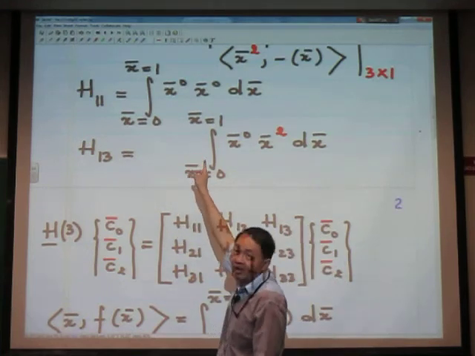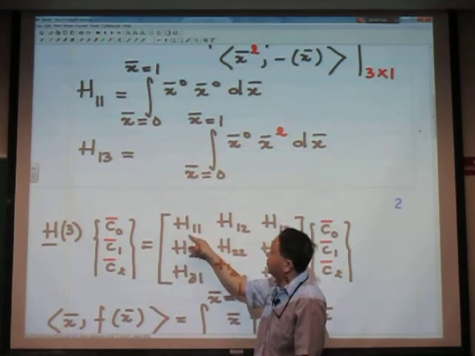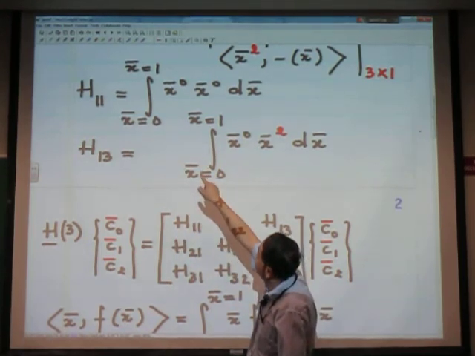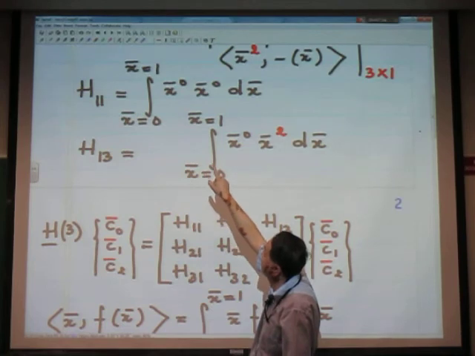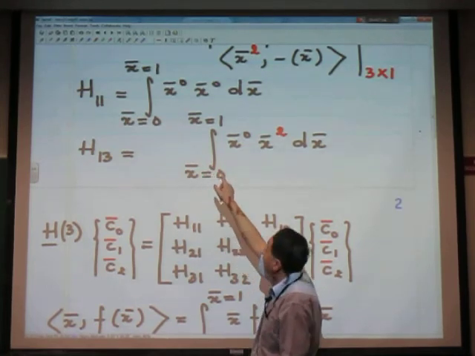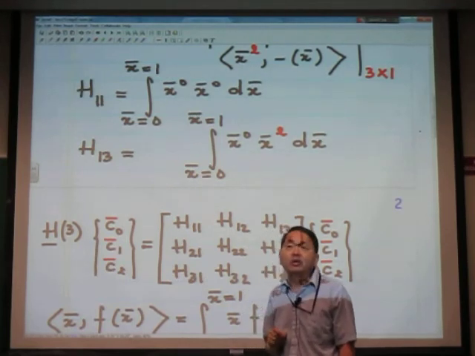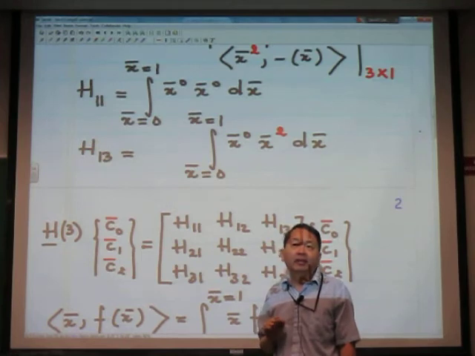H11 is the integral of x bar 0. This is the first coefficient in the Hilbert matrix here, right? And H11 is the integral with x bar going from 0 to x bar equal to 1 of 1 times 1 dx bar. And that's equal to 1. Is it clear? Okay.